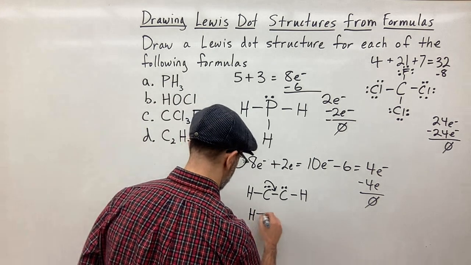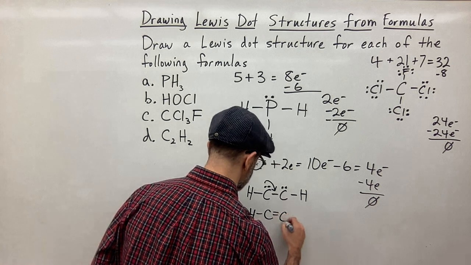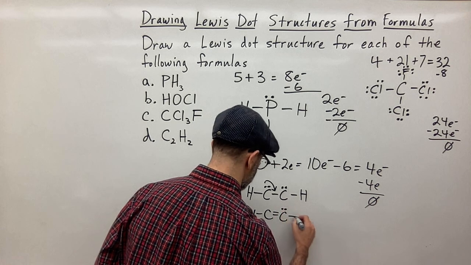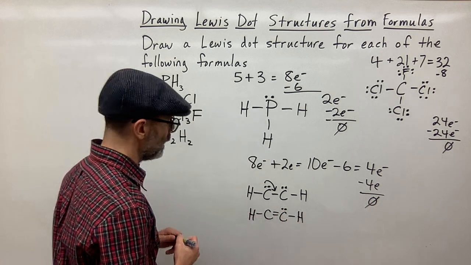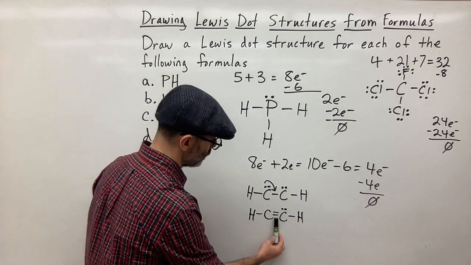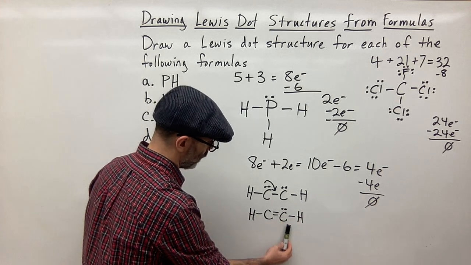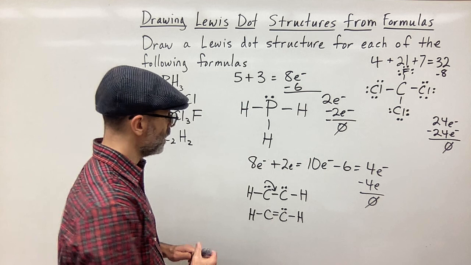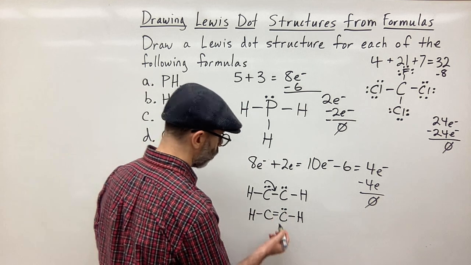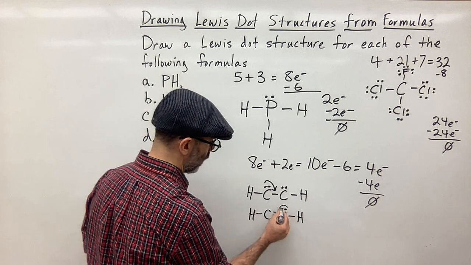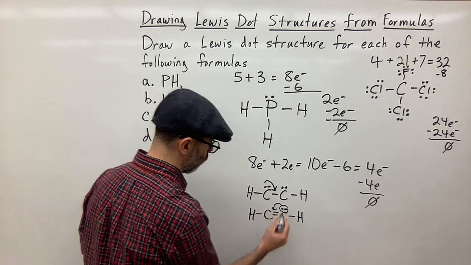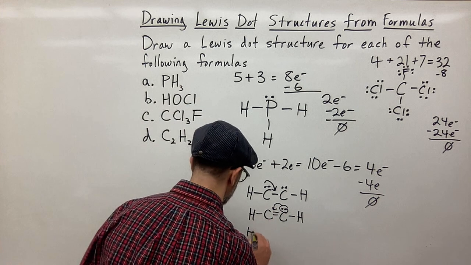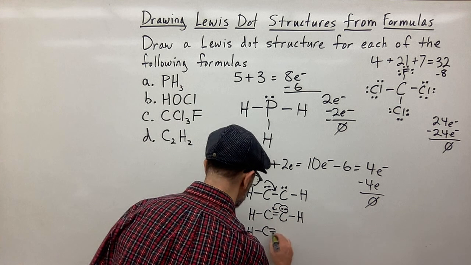If I write that out, I'll get a double bond C with a lone pair like that. Now notice that this carbon now has an octet, but this carbon still does not have an octet. So I've got to move more lone pairs. The only lone pair I have left is this one, so I can move that one and make a triple bond.